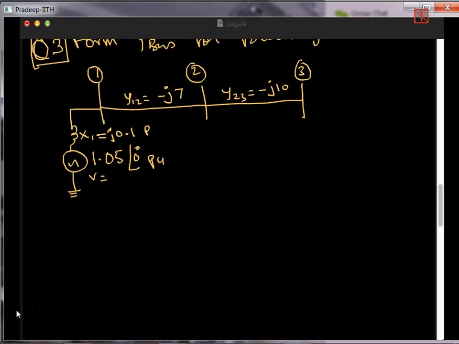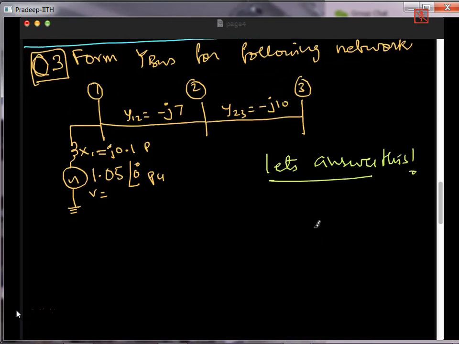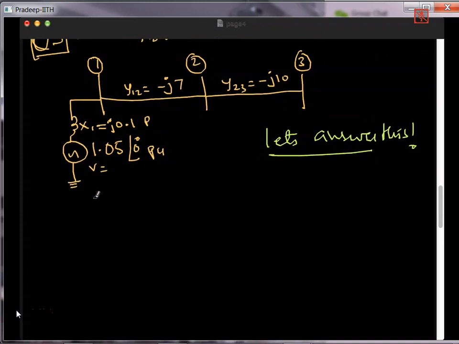So since we have about 10 minutes left, let me write down the answer myself. Let's answer this. So what you do is simply do the old method, the long method.